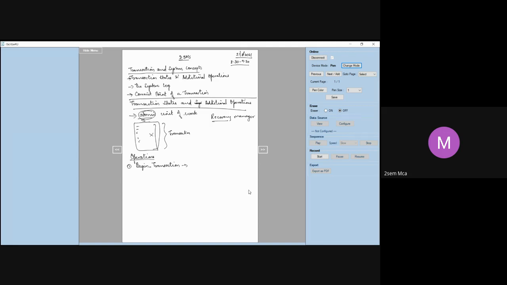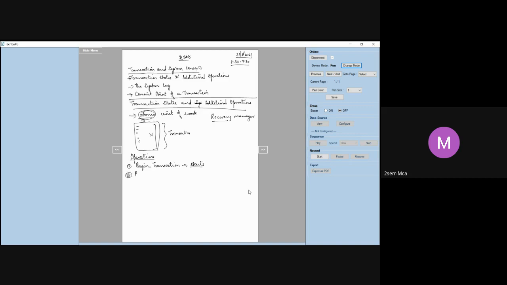We have seen some stored procedures, right? We try to write them between begin and end. Correct? So begin transaction marks the begin or the start. That is what it is going to tell you: when a transaction starts.